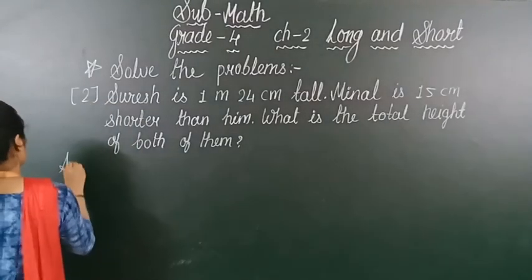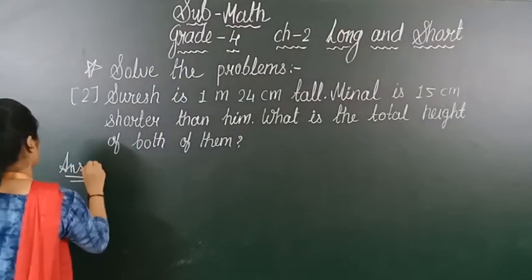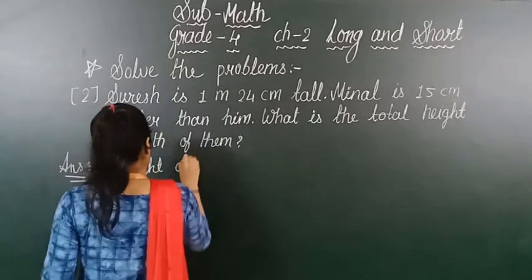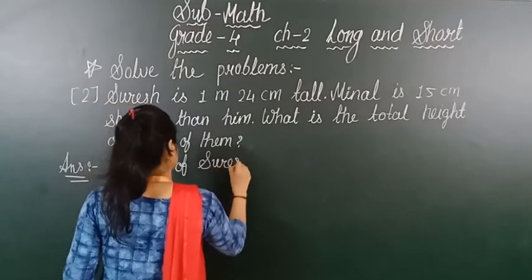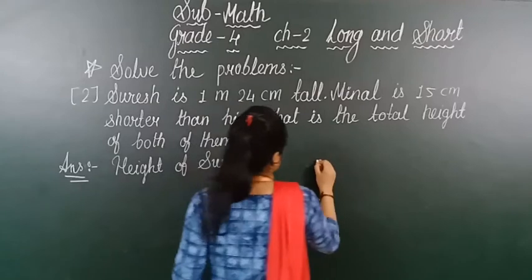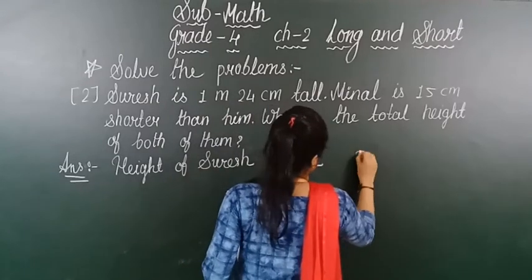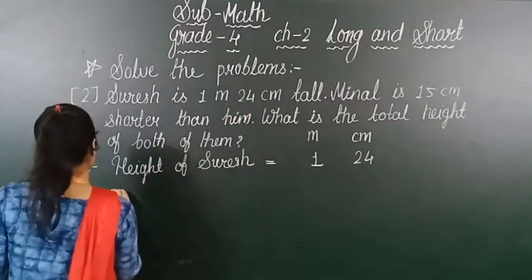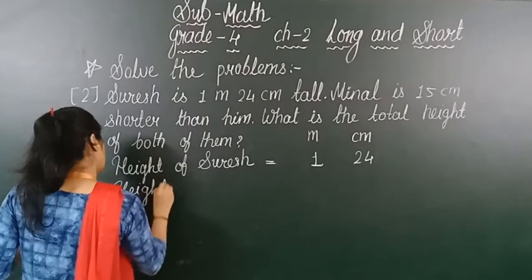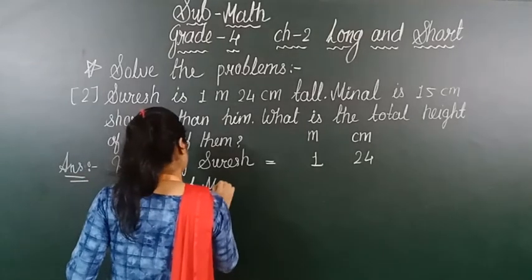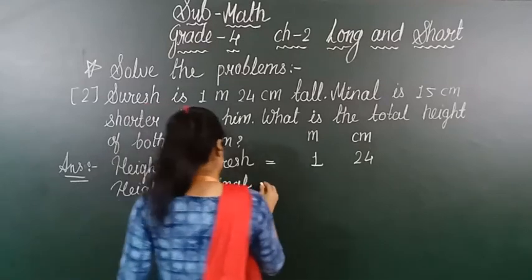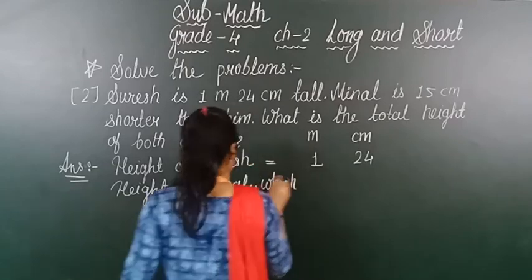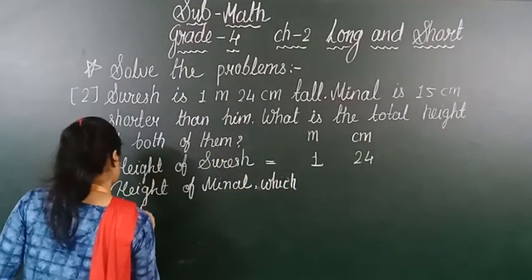So our answer is height of Suresh, which is of 1 meter and 24 centimeter as per our question, and height of Meenal, which is shorter.